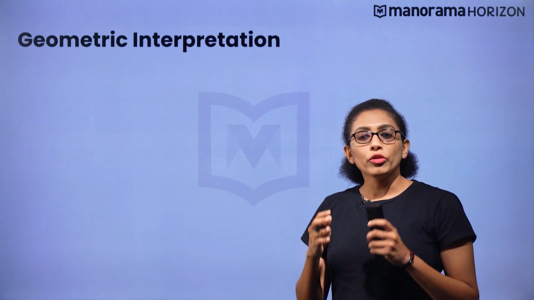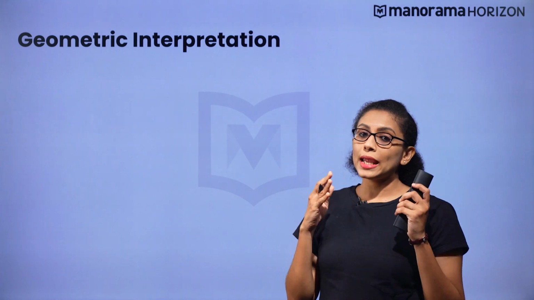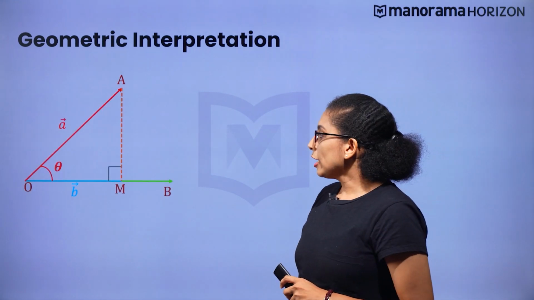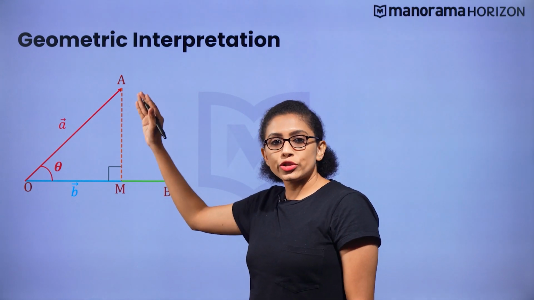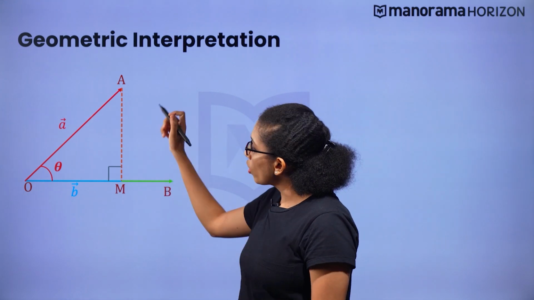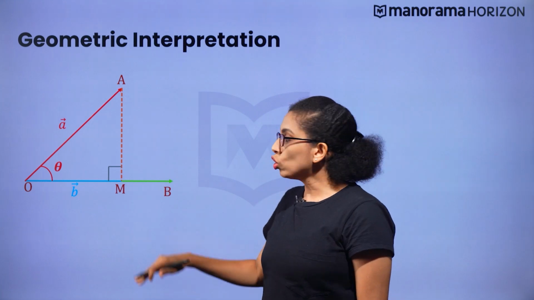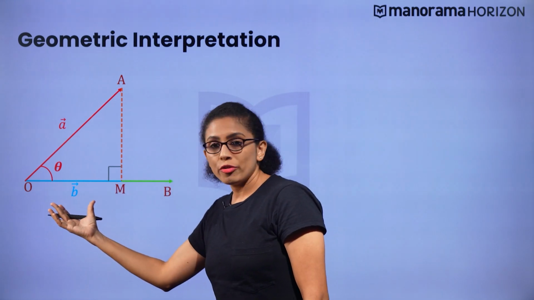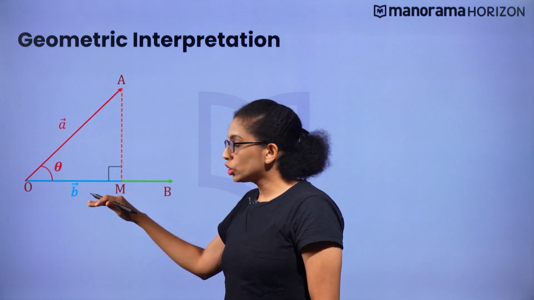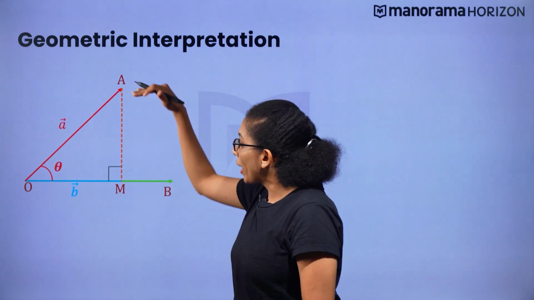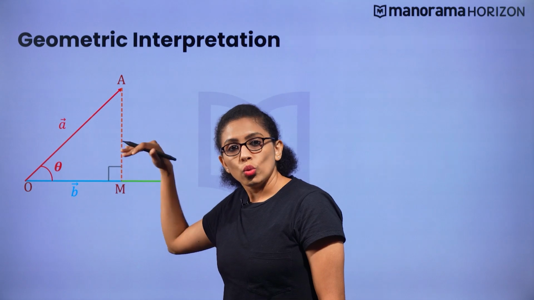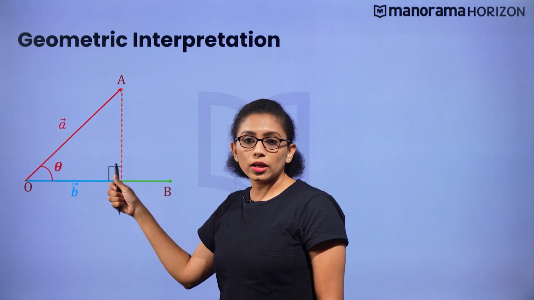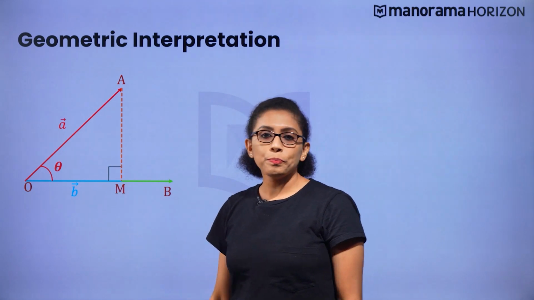The scalar product of vectors A and B can be interpreted geometrically. If a perpendicular is drawn from the end point of vector A onto vector B, then OM represents the orthogonal projection of vector A onto vector B. Now, consider the right triangle OAM.